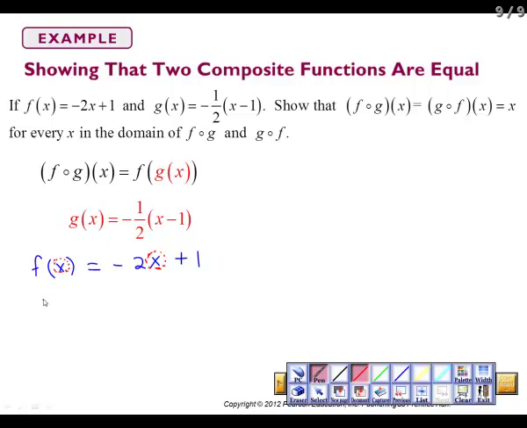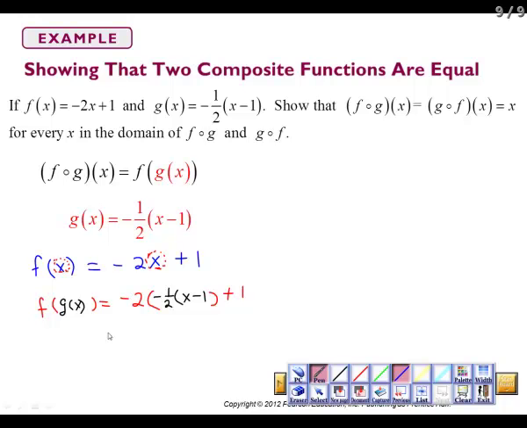So that'll be f equals negative 2 parentheses plus 1, and then what do you think is going to go inside here? You should have said the g of x. So the g of x goes in here, and this is going to be negative 1/2 times x minus 1.